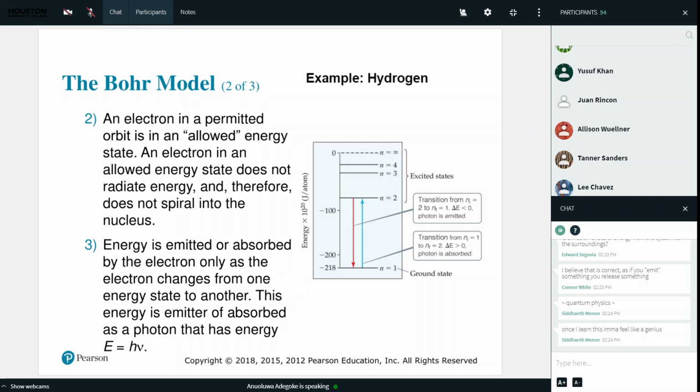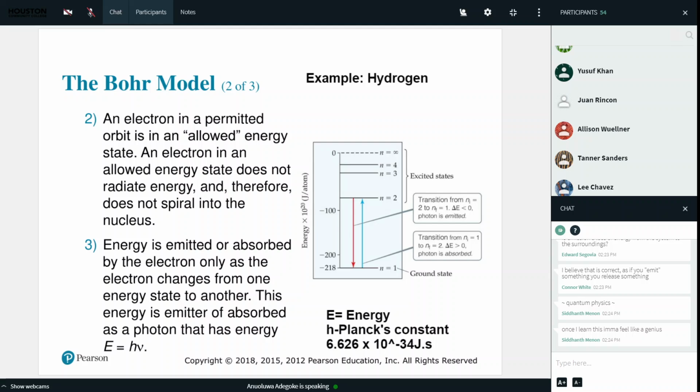Let me write this here. E is energy, h is Planck's constant. Planck is the name of a scientist. Planck's constant is 6.626 times 10 to the negative 34 joule seconds.